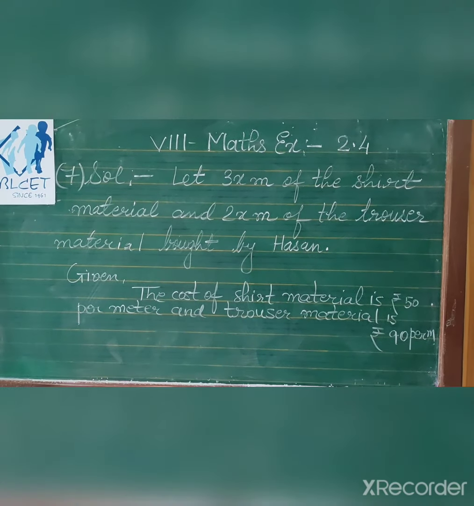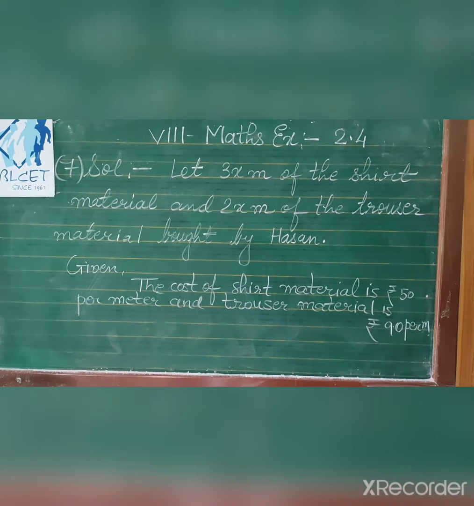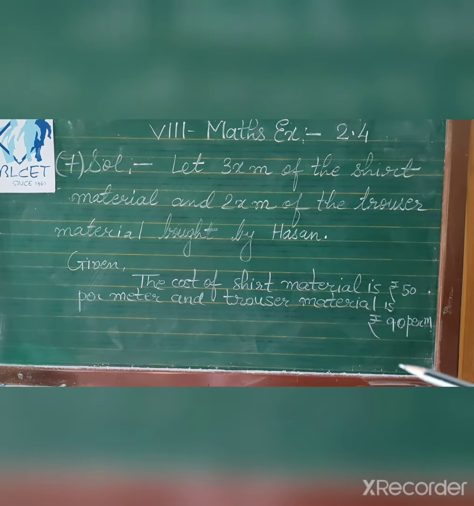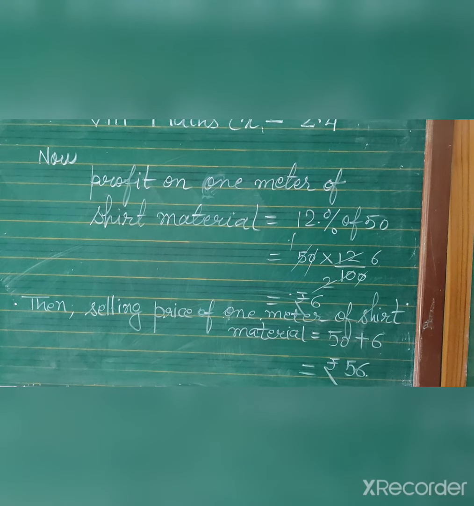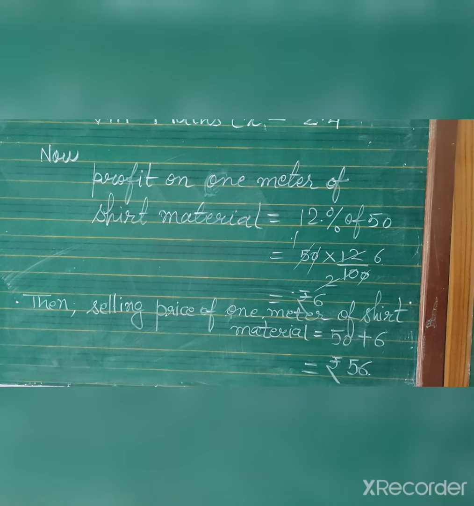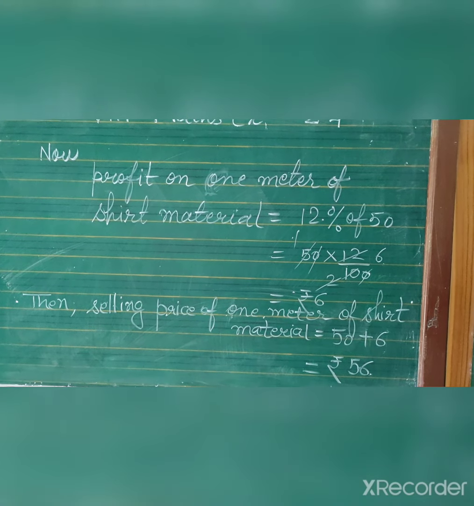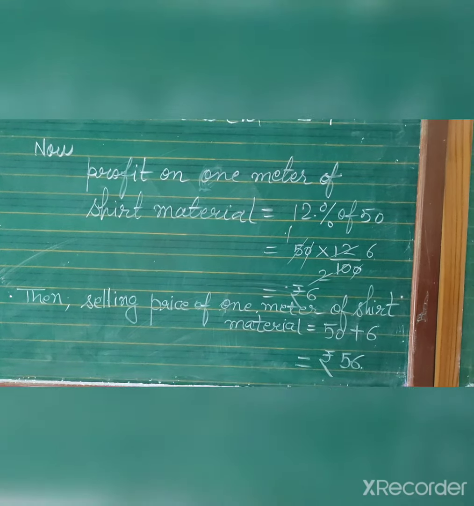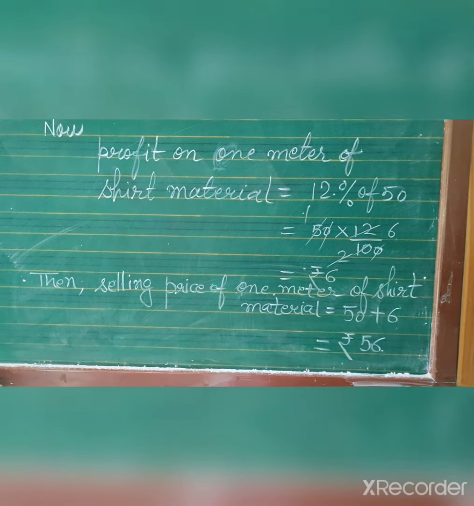Now it is given that the cost of shirt material is rupees 50 per meter and trouser material is rupees 90 per meter. Now profit on 1 meter of shirt material is equal to 12% of 50. So 50 into 12 upon 100. Why are we putting 100 in the denominator? Because we are removing the sign of percentage.